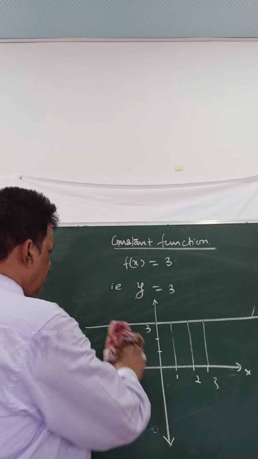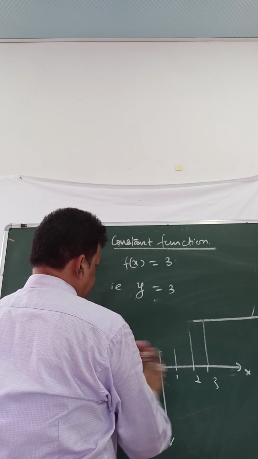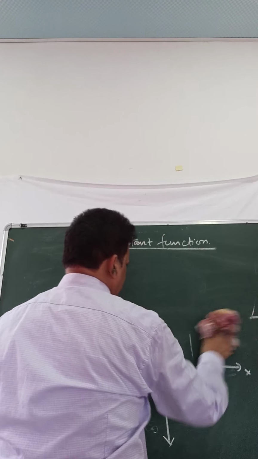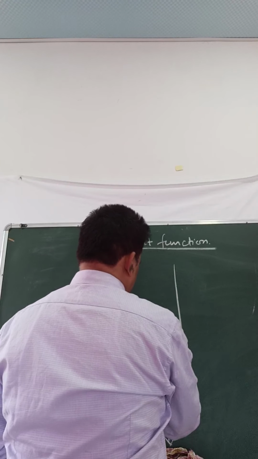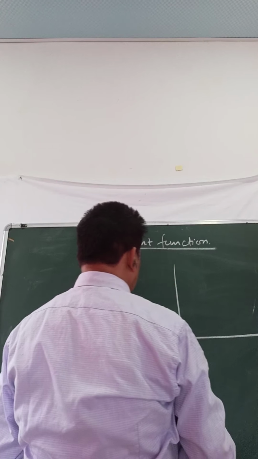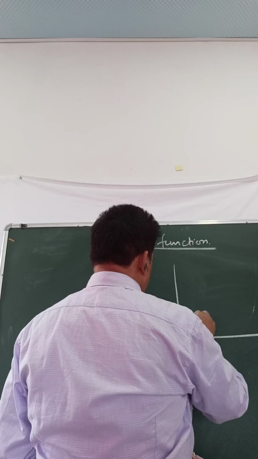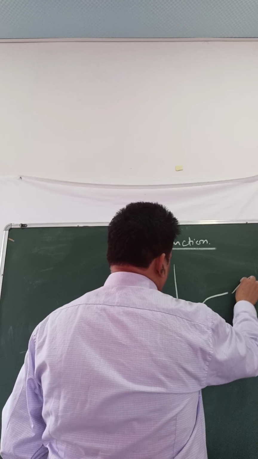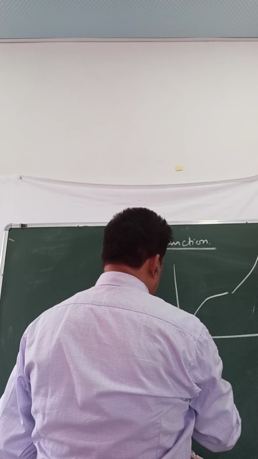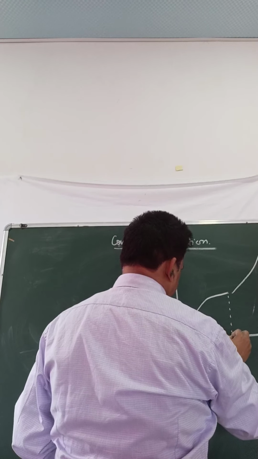But if I give another question here, somehow I have got a line like this. Let's assume, suppose this is 0. This is the point 3.